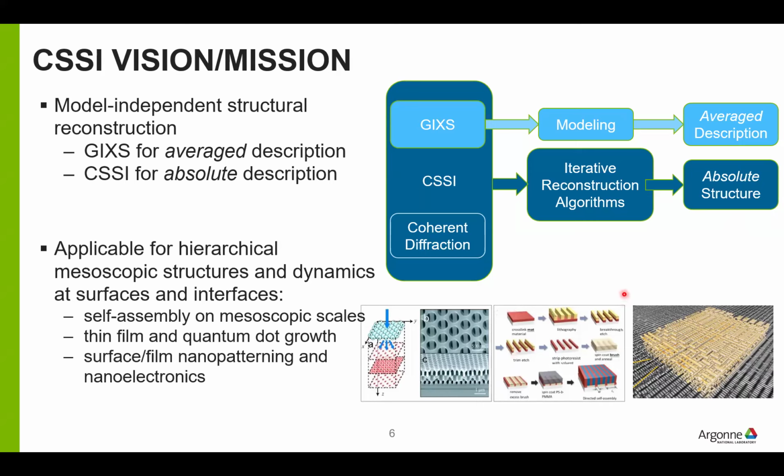So at least initially, this is going to be developed with an eye towards applications in metrology for the semiconductor industry. So the goal is to look at complex structures created by modern lithographic methods and be able to reveal their structure in 3D.